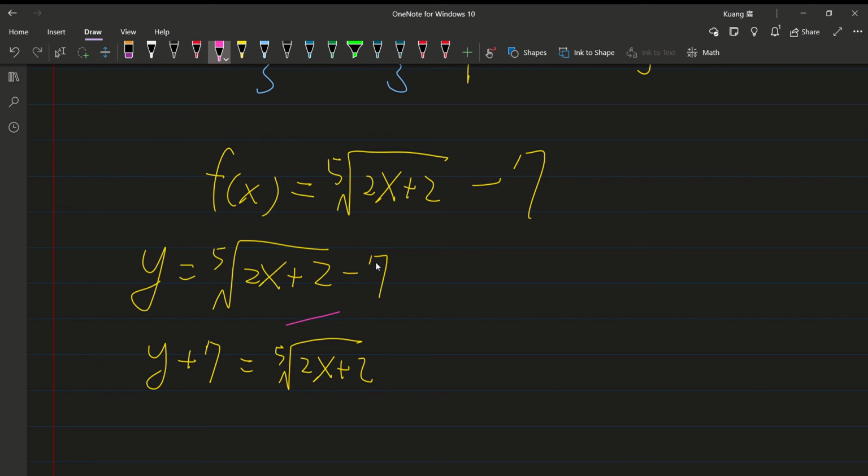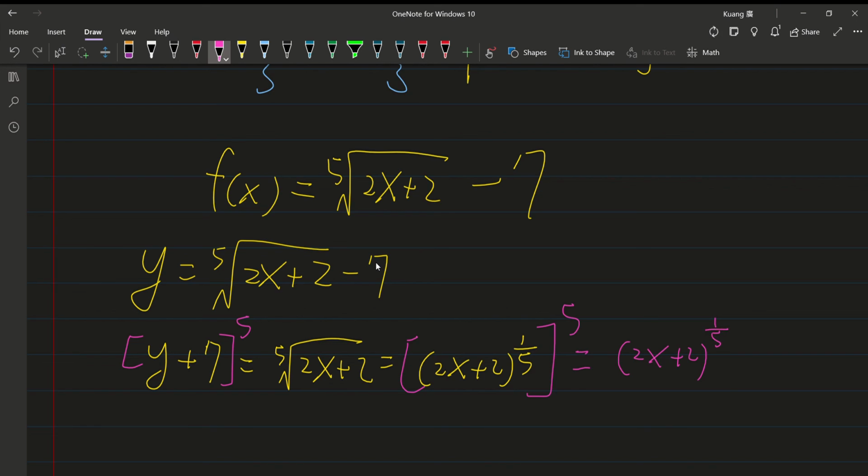How can I remove this root? Because that actually equals 2x plus 2 to the power 1/5. So on both sides of the equation I raise to the 5th power. The right hand side of the equation becomes 2x plus 2 to the power 1 over 5 multiplied by 5. That can cancel out, becoming 2x plus 2.